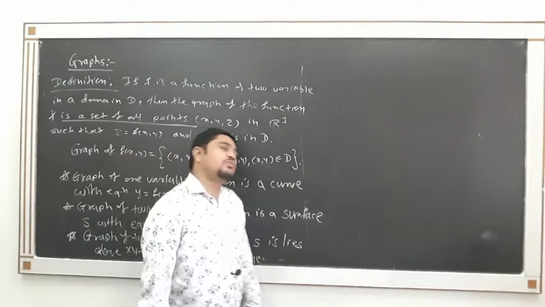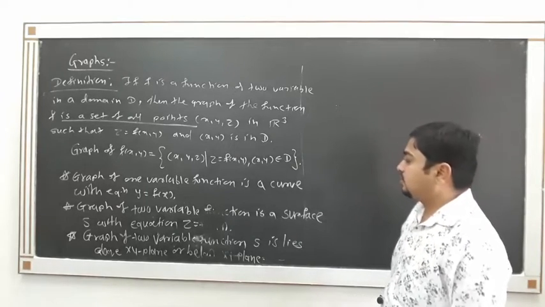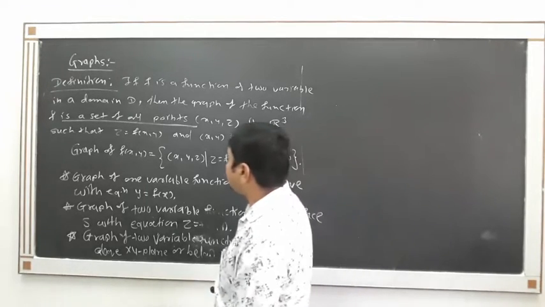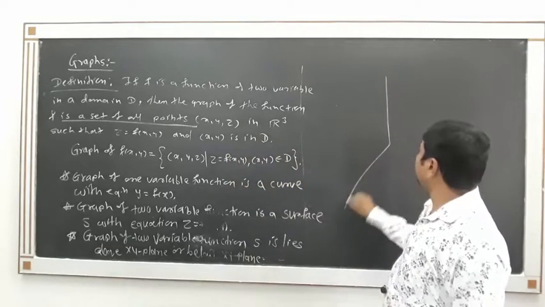So the graph of a one variable function is a curve, and the graph of a two variable function is a surface.